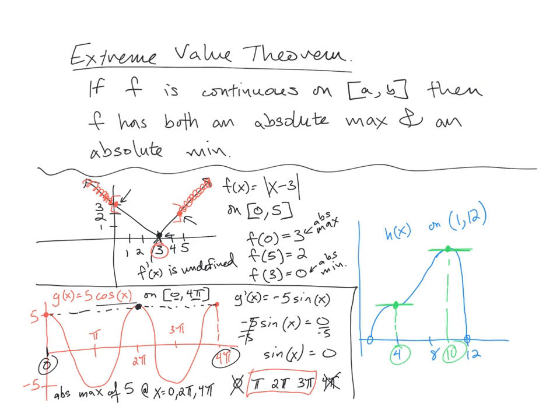We cannot even say that it'll have one maximum or minimum, either absolute max or absolute minimum. So we can't even say if it has none without actually doing some math or looking at the graph. So this one, of course, has an absolute maximum right here, but there is no absolute minimum.